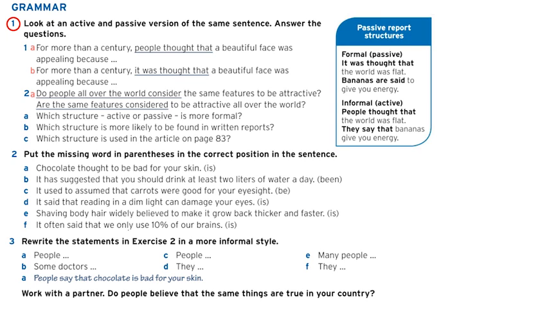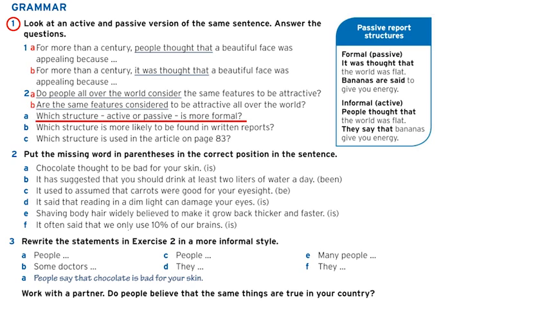Now, in sentence number 2, letter A, we have, do people all over the world consider the same features to be attractive? And letter B says, are the same features considered to be attractive all over the world? Okay, so analyze these two different structures for each sentence and answer the questions.